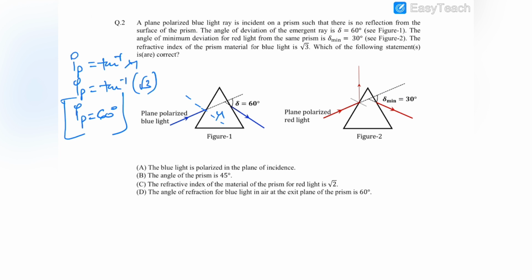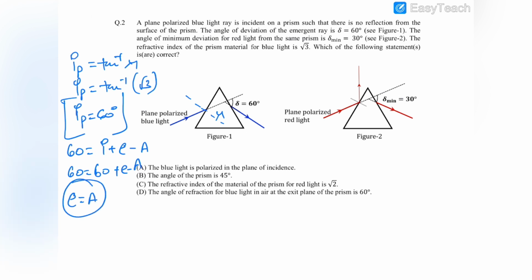Now the deviation of this light by the prism is 60 degrees. So delta is 60 degrees, and 60 will be equal to i plus e minus A. So i is also 60, so 60 is equal to 60 plus e minus A, which means that e will be equal to A.